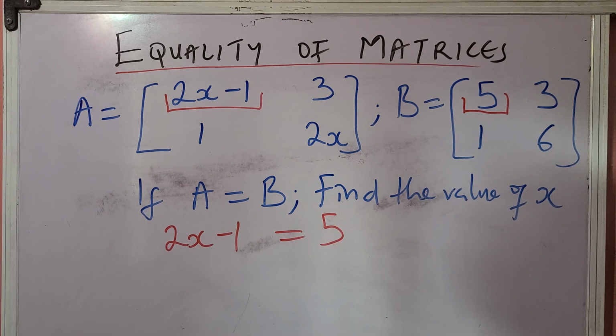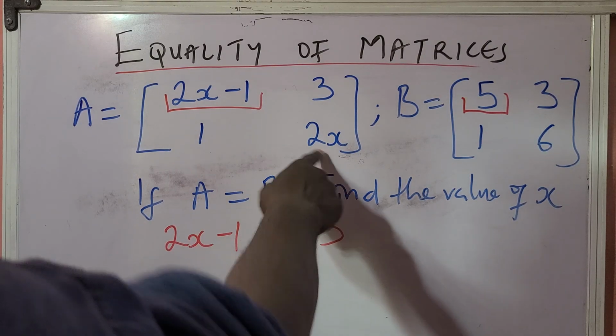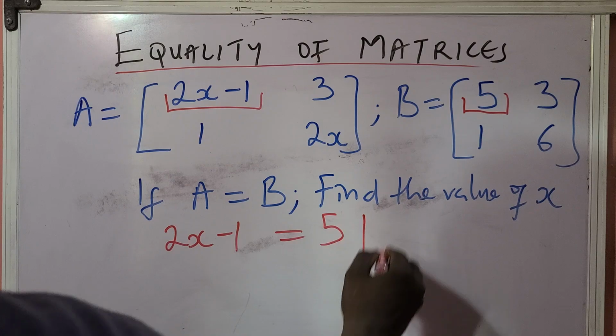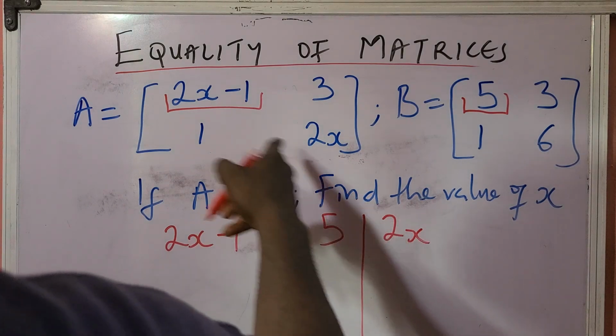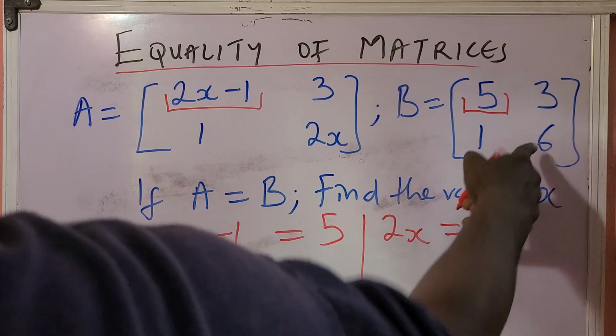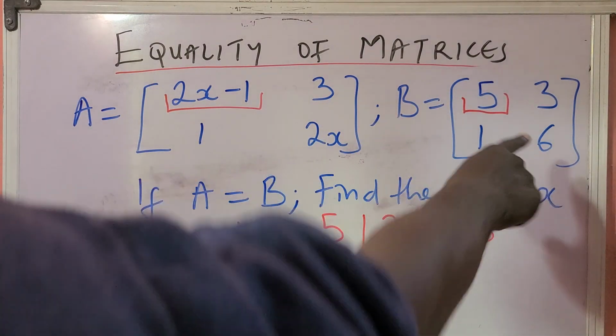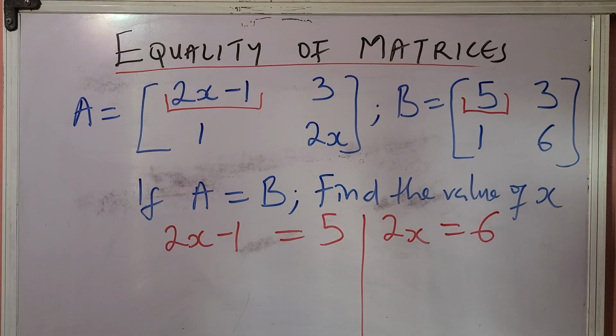The same thing goes for row 2 column 2, where we have 2x. If these two matrices are equal, then 2x must be equal to 6. That means row 2 column 2 must be the same as row 2 column 2 in the other matrix.